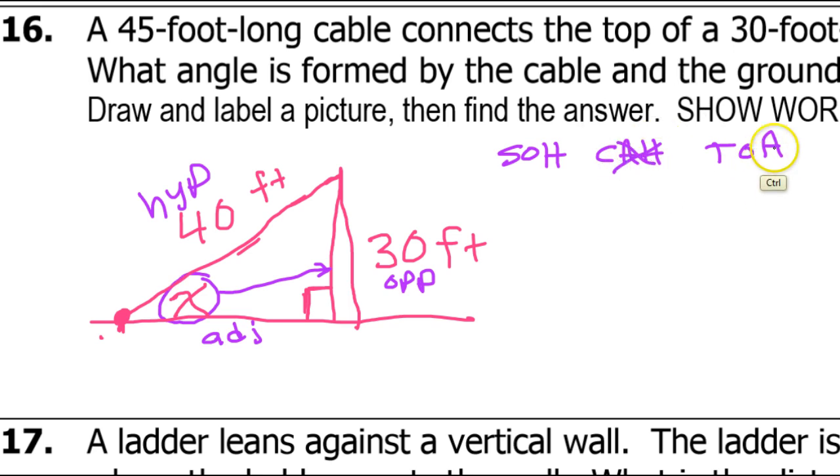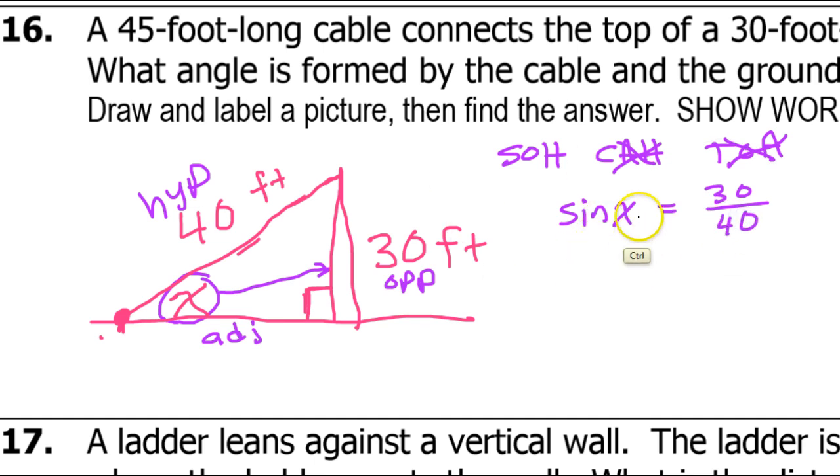No good. So that means we're going to be using the sine function. Sine is opposite over hypotenuse. So sine of the angle, the angle goes here even though it's unknown, is equal to opposite over hypotenuse. So that's 30 feet over 40 feet.